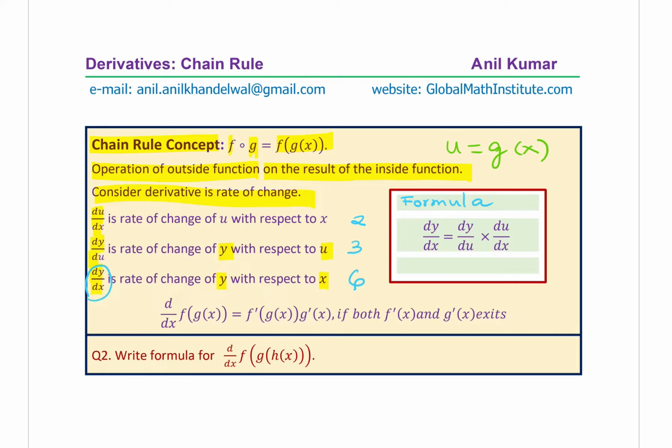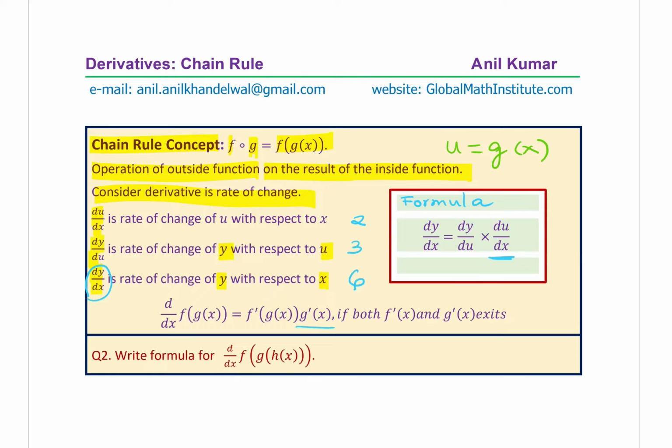So we could also write this in the form d dx of f of g of x is equal to the derivative of f, the outer function, times the derivative of the inside function. You get the idea, right? So this is du dx. In this case, you could write it in different ways.